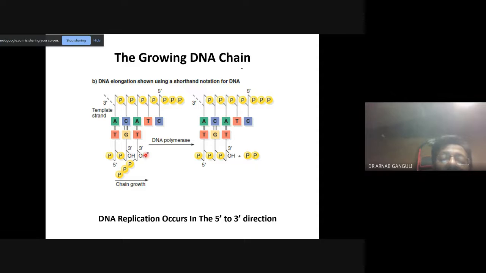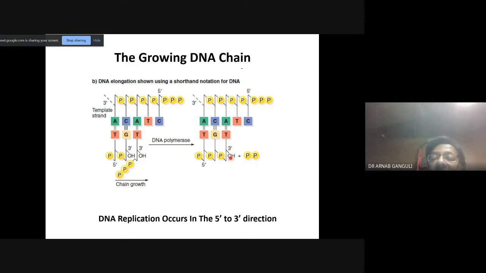The chain growth occurs in the 5' to 3' direction. You can see a triphosphate. This is the alpha, next one is the beta, next one is the gamma. And DNA polymerase is the enzyme for DNA replication.